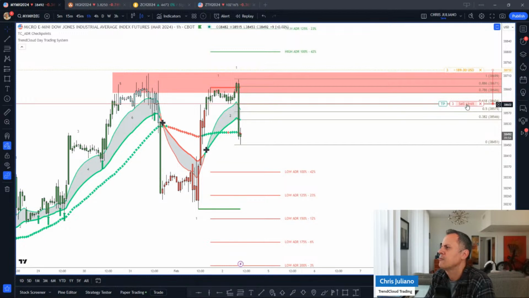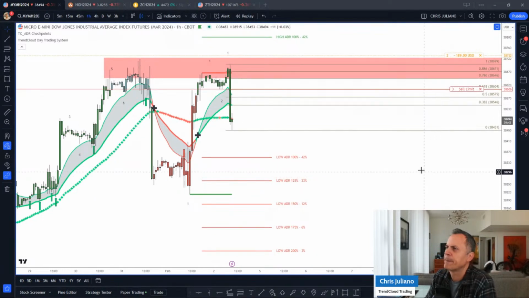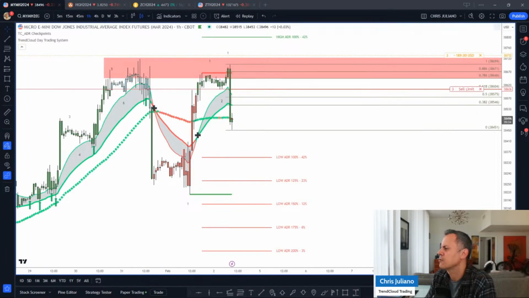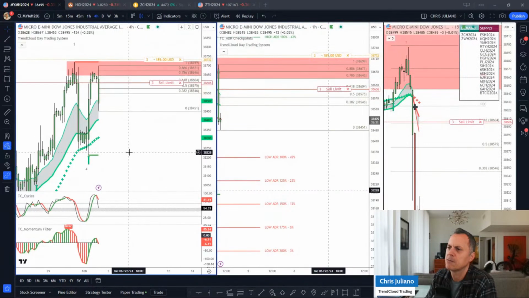We've also seen this kind of go to the 786 or the 886, right? But we are safe. There's our stop loss there. So if we do get a push back up into this area, we could see some kind of reversal, possibly, right?